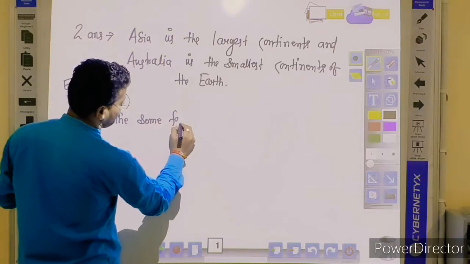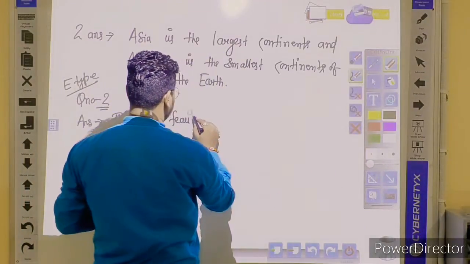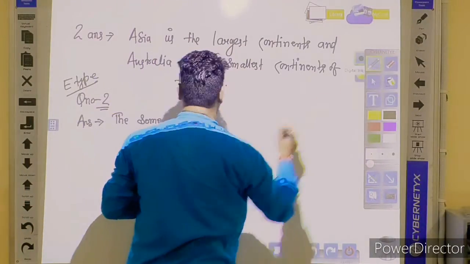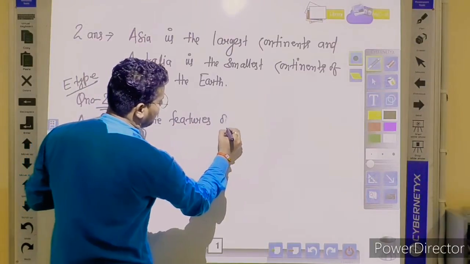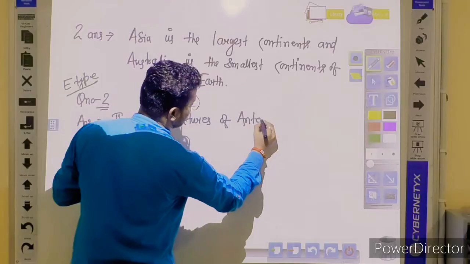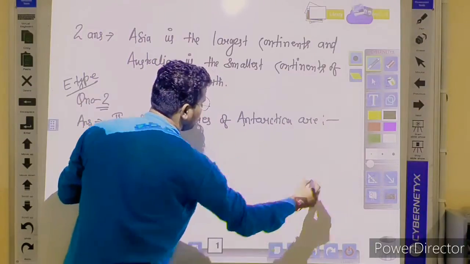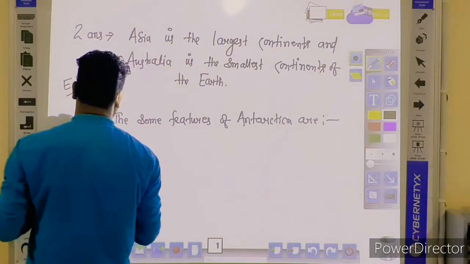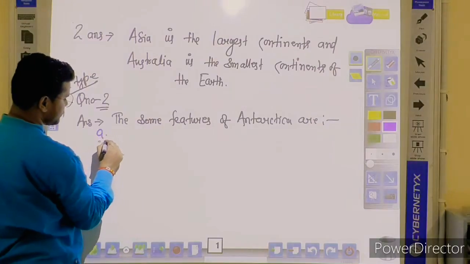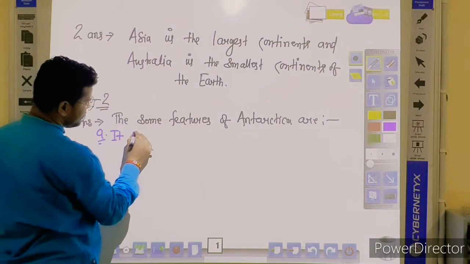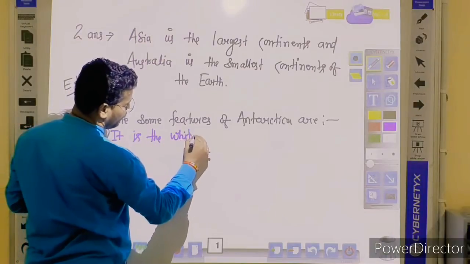The features of Antarctica are: write down your first feature, A. It is the white continent.